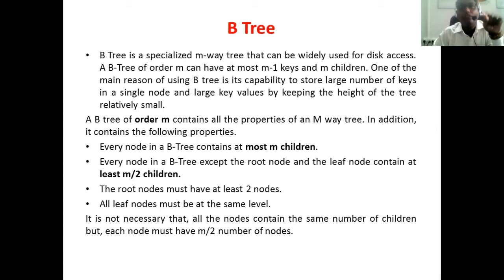That is M minus 1, that is 5 minus 1, which is 4. So if the order of the tree is 5, every node consists of a maximum of 4 key values. That is actually a property of a B tree.